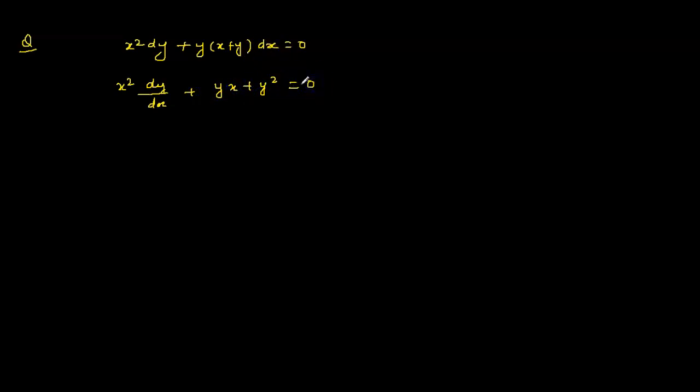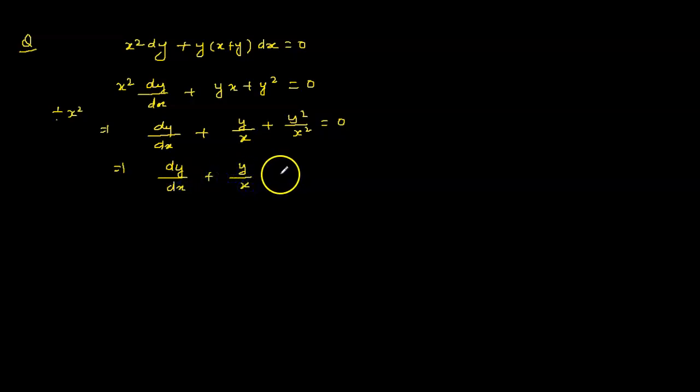Right? Yes, sir. Now here, this x square should not be there, so first I will divide by x square. I will get dy by dx plus y times (x plus y) divided by x square, that is equal to 0. So dy by dx plus y by x is equal to minus y square by x square.